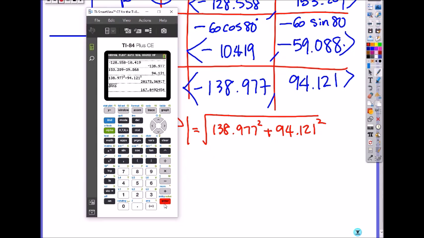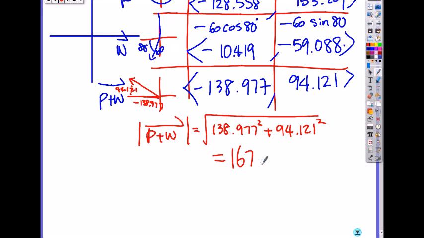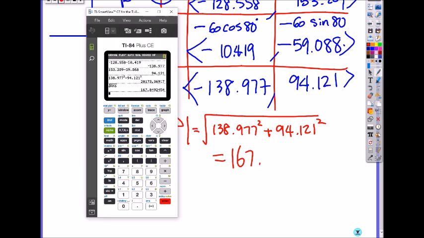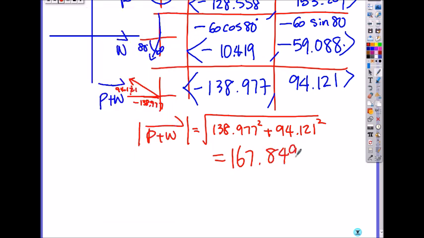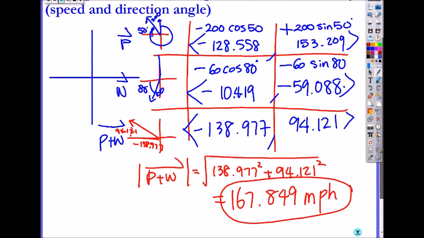So you get 167.849. What's the unit? Miles per hour is now how fast the plane is going.